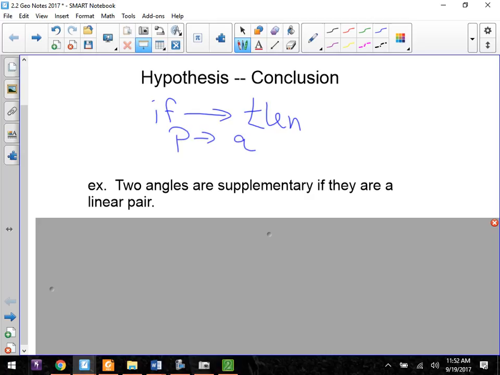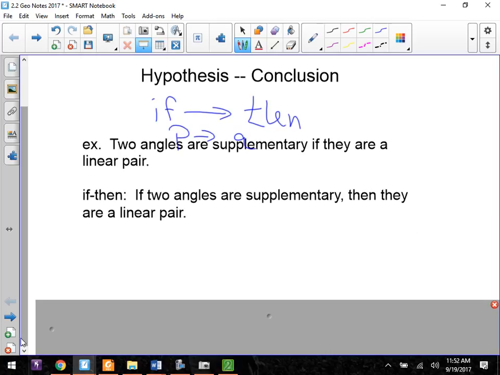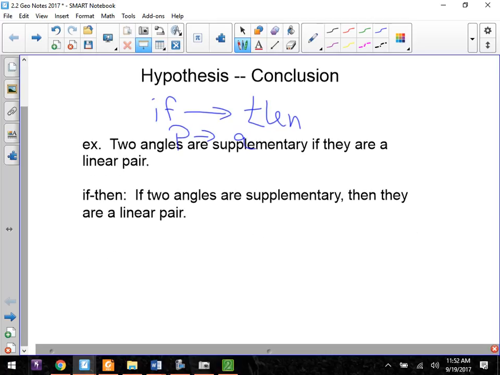You are quite literally taking the words and putting an if and a then in the statement. There's no why in it. It's just if and then. If two angles are supplementary, then they are a linear pair. It is quite literally putting that information together. Okay? That's what you call a conditional statement.